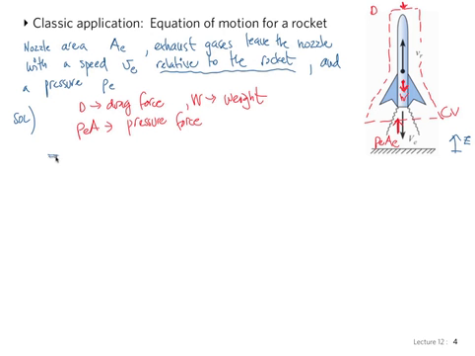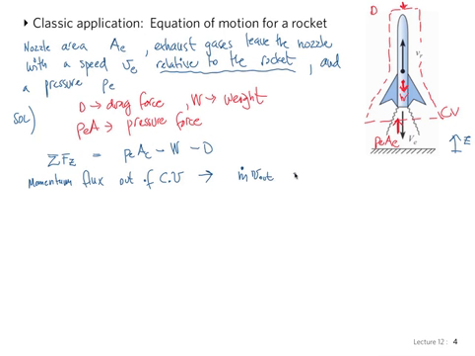So the sum of forces in the z direction is PE AE, positive, minus W, negative with respect to our coordinate, and minus D. And there's only one momentum flux out of the control volume. The momentum flux out of the control volume is m dot V out.